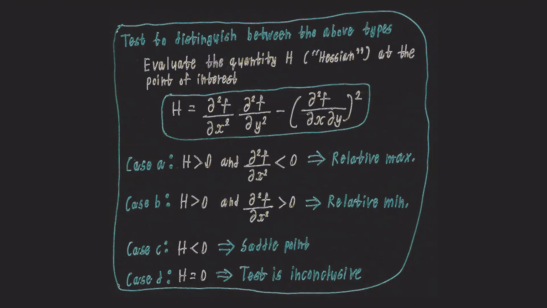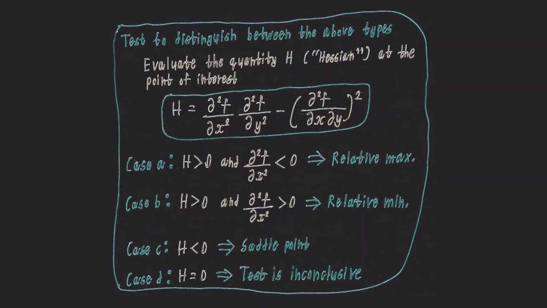The sign of the second derivative, or the concavity, tells us whether it's a relative maximum or a minimum.